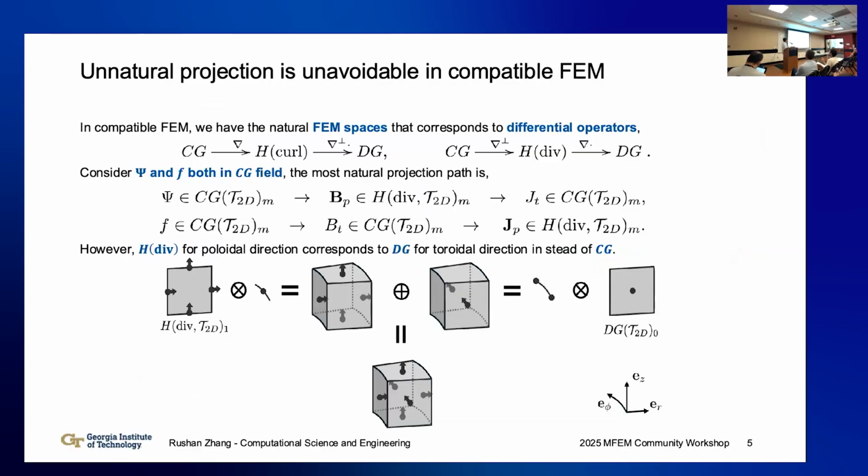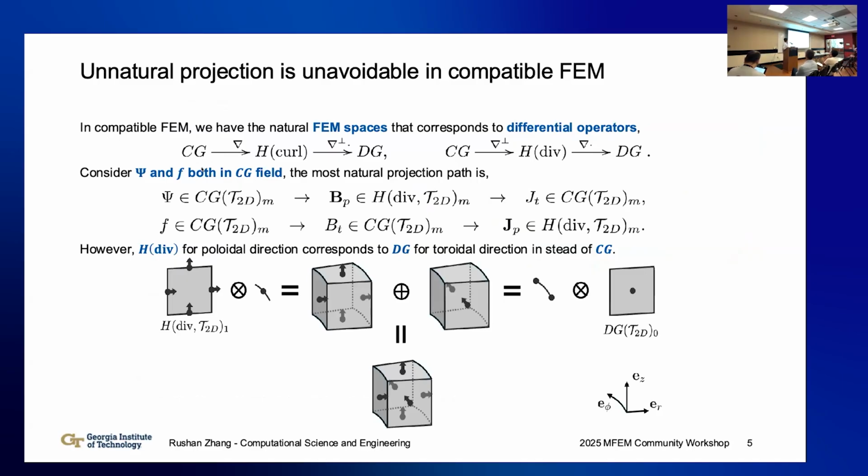Before we dive into our experiment setup, there's one thing I have to bring up: in compatible finite elements, there is a natural FEM space that corresponds to each differentiation operation.